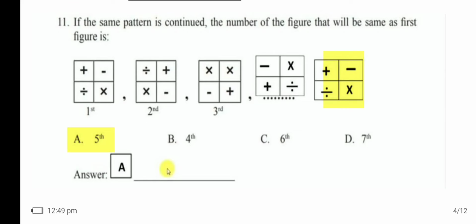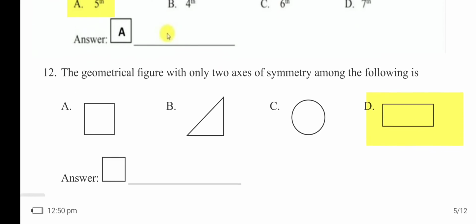They have asked which figure will be the same as the first figure. So it will be the fifth figure. The fifth figure resembles the first figure. So option A, fifth, is the right answer.